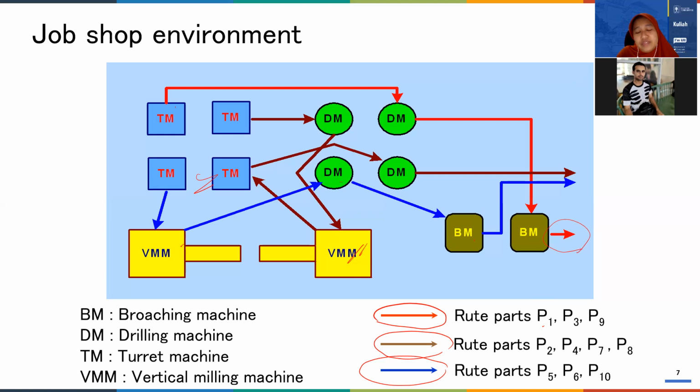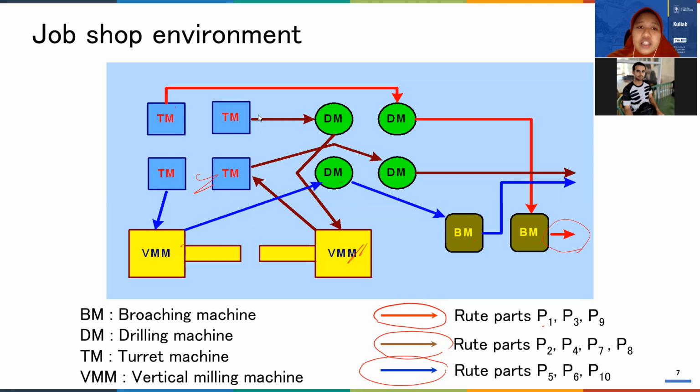Is it fixed layout? Is it product layout? Is it process layout? Process. Process layout? Yes, that's correct, because it's a job shop. So a job shop is process. Yeah, good. Thank you, Mohsin.